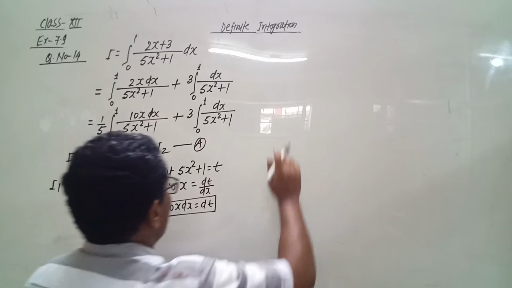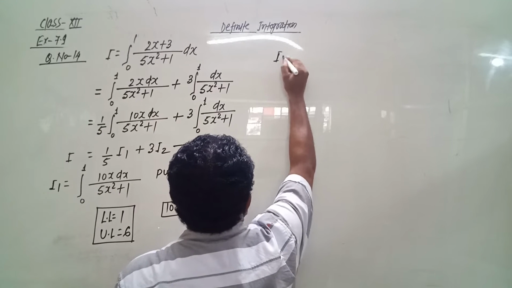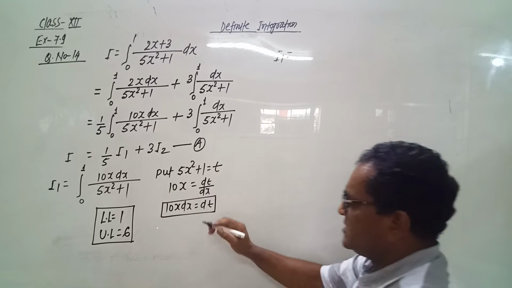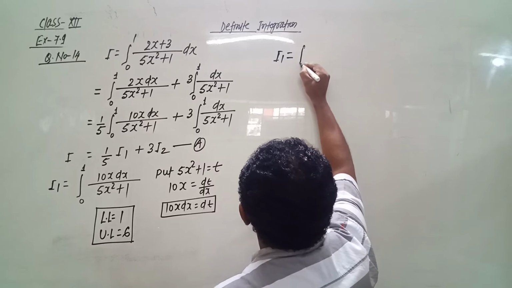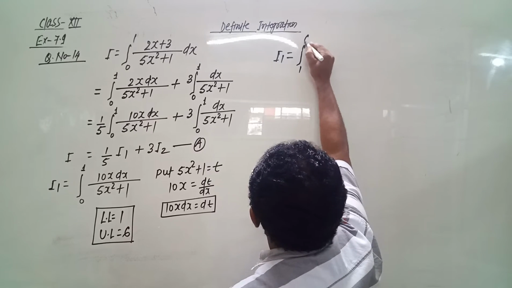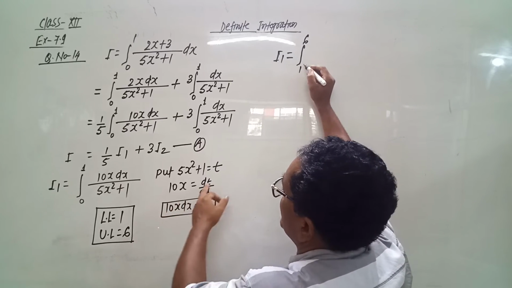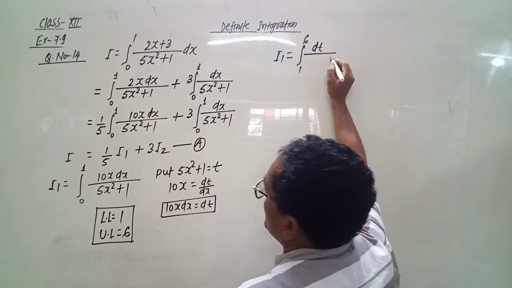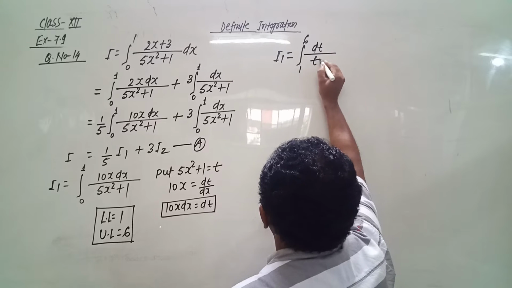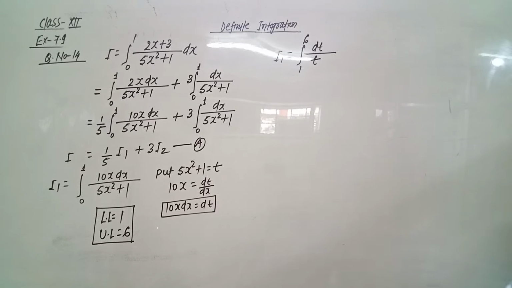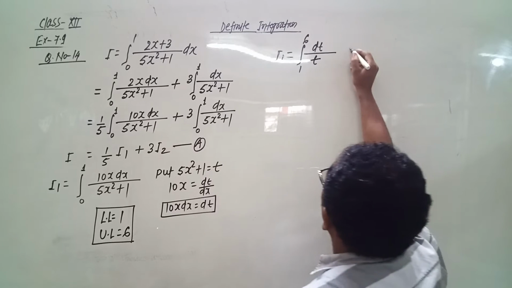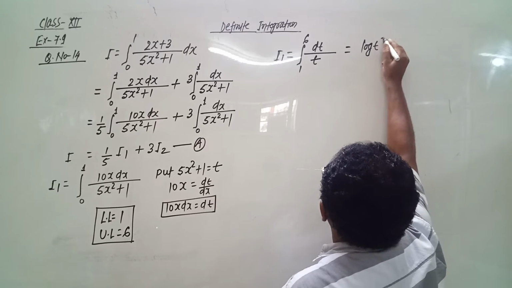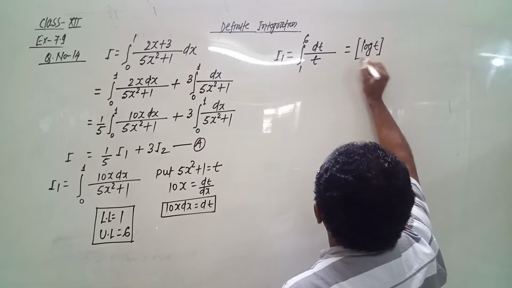Now I1 equals integration, the limit has been changed, lower limit is 1 and upper limit is 6, and 10x dx is written as dt and 5x square plus 1 is written as t. So this becomes log t with limit 1 to 6.